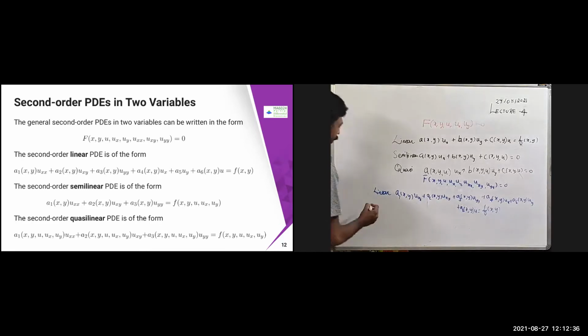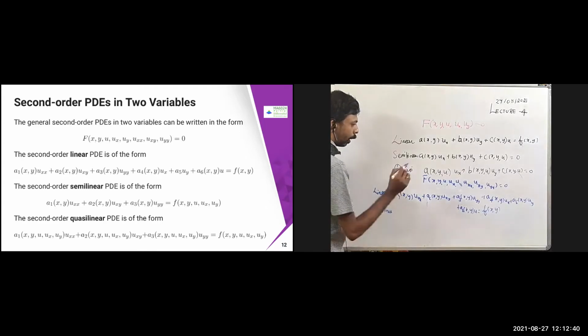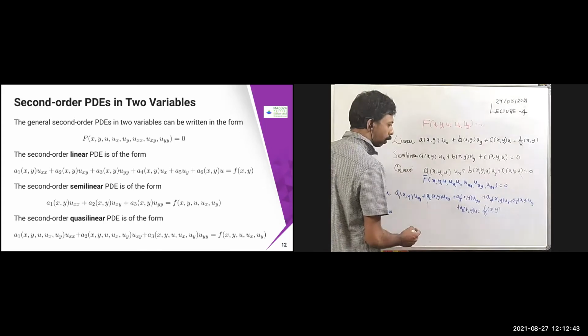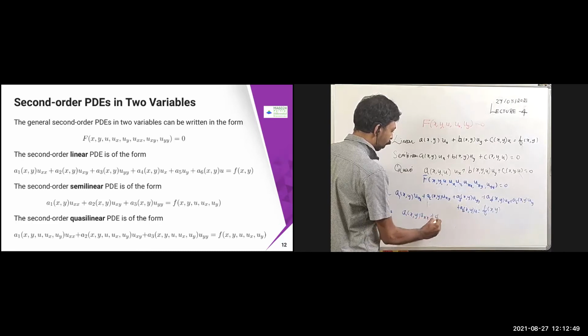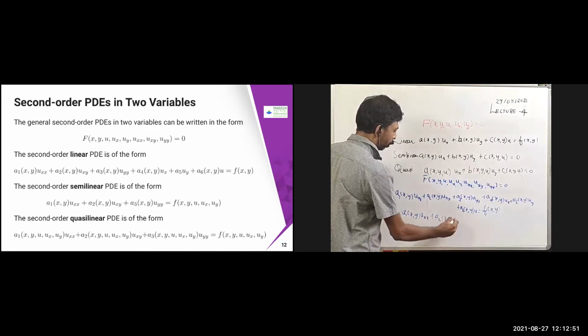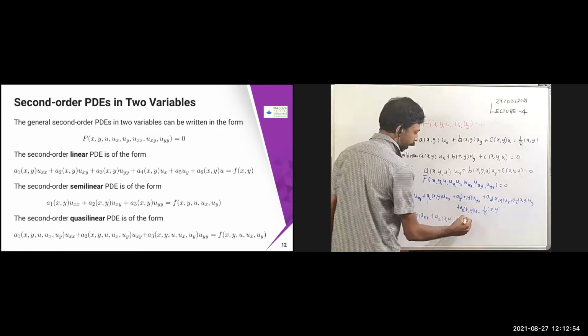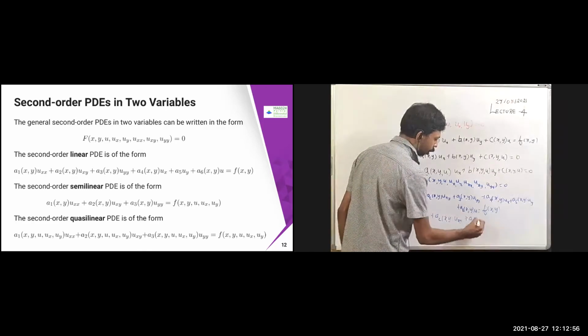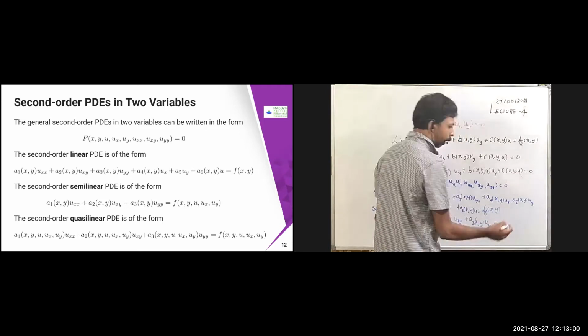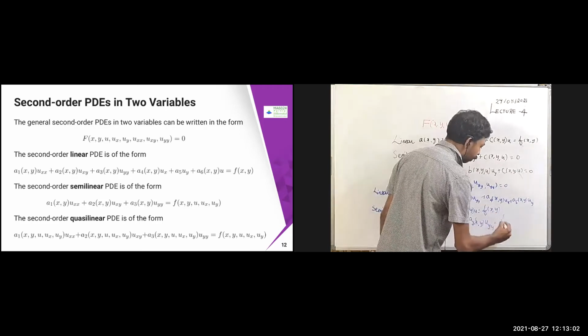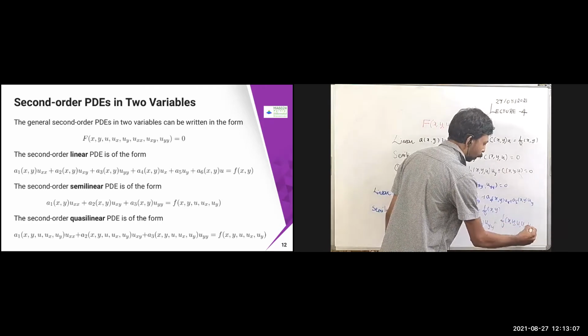Then semilinear. Okay, semilinear. So in semilinear, what I need to do is put it this way. a1 of x comma y comma uxx plus a2 of x comma y comma uxy plus a3 of x comma y comma uyy equal to, on the other side I can simply put f of x comma y comma u comma ux comma uy.